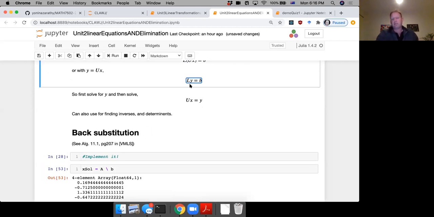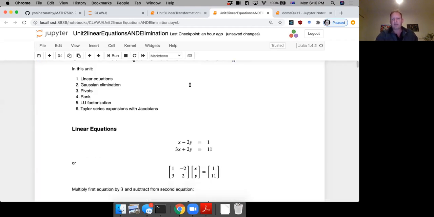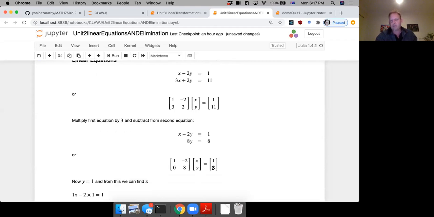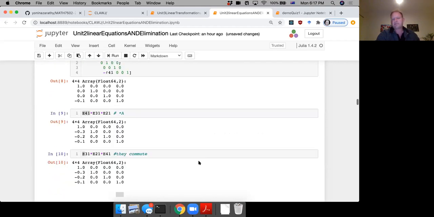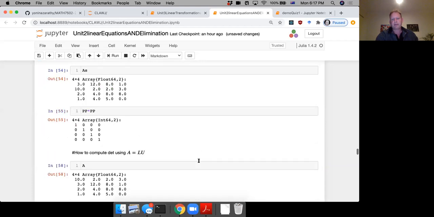Okay. So back substitution is what, if I scroll all the way up to the top of the notebook, is what we did here after we got to this thing. So then we did back substitution. We solved for y. This is now y, the scalar. And then we solved for x, the scalar. Okay, so when you have triangular matrices, solving a triangular system of equations is much simpler. Okay, let's go all the way back down.